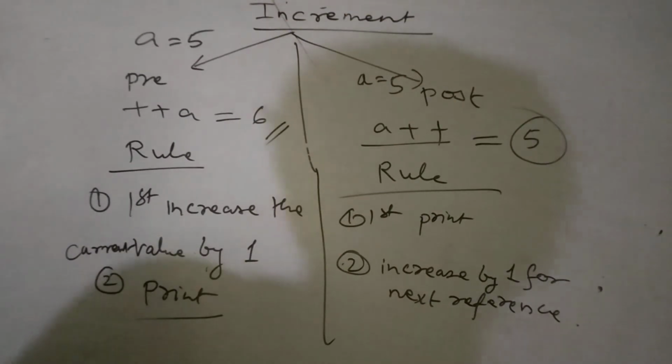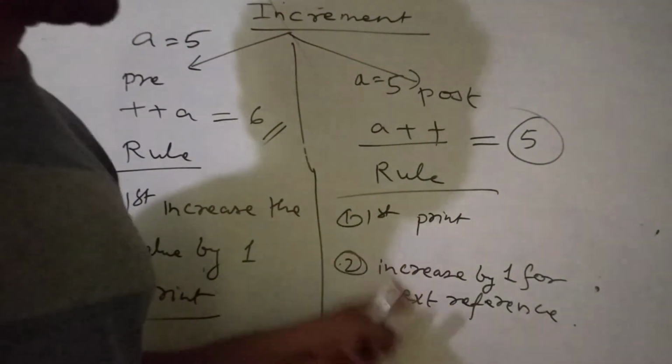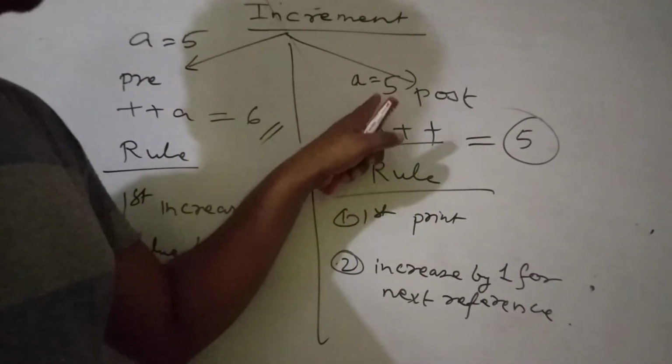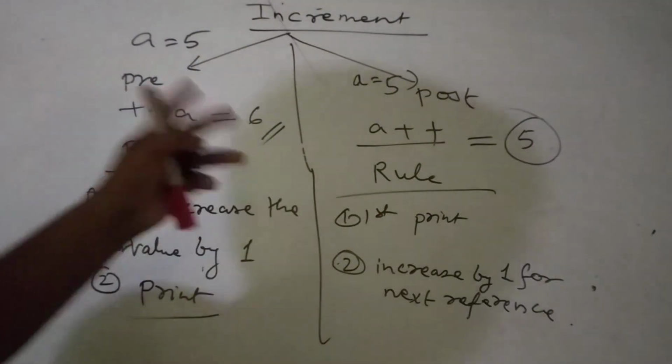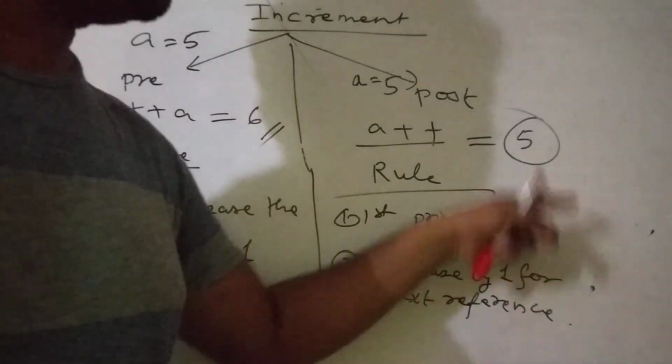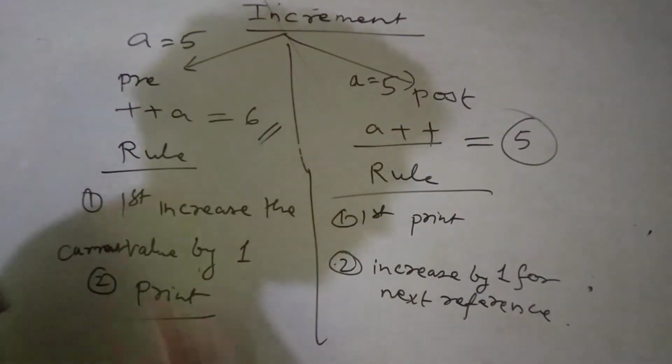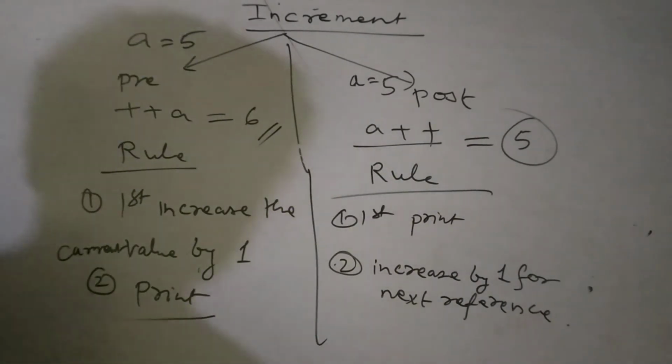Whereas in post, it will print the current value first. Your current value is 5, so it will print that, and for the next reference it will be 6. Clear?